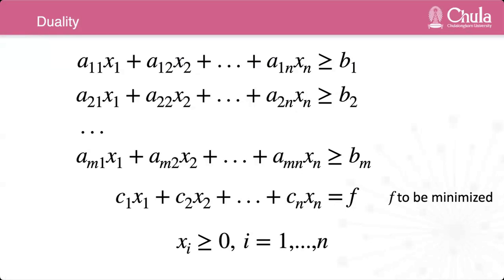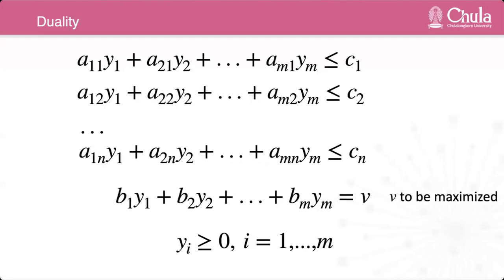For example, we have this linear programming. A11x1 plus A12x2 plus and so on, greater or equal B1, okay? And you have an objective function in minimization form, C1x1 plus C2x2 and so on, yes? And all x variables are non-negative. You can convert it to this problem.